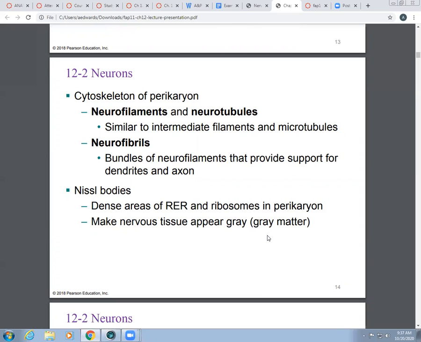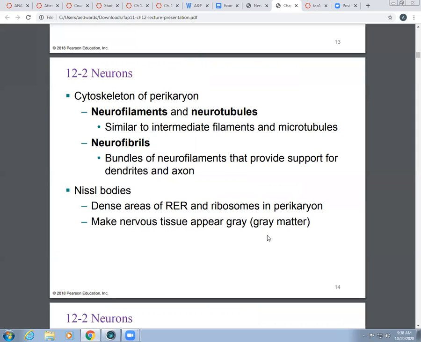All right, so the cytoskeleton, remember that structural element in the cytoplasm, in this case we call it a perikaryon. It's made up of some structures like neurofilaments and neurotubules. And they are similar to what we see generally in cells with the intermediate filaments and the microtubules.